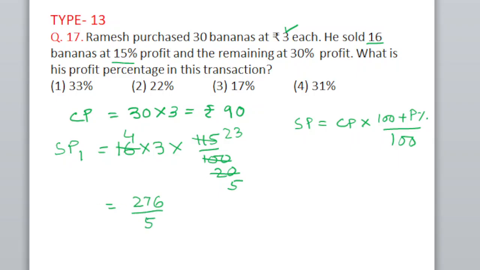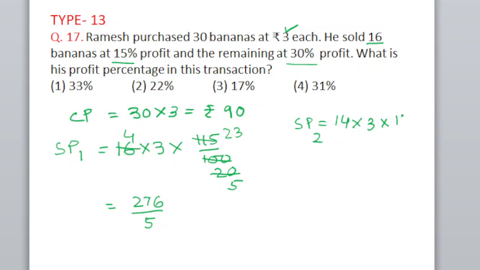In the second case, that is SP2 here. So remaining 14 bananas are there. So it is 14 into 3. This is the cost price of 14 bananas. There is a profit of 30%.